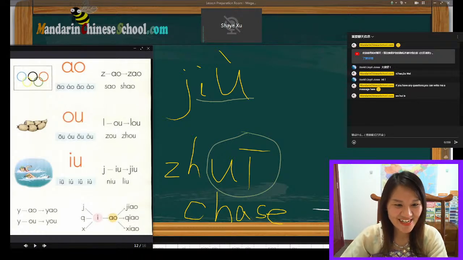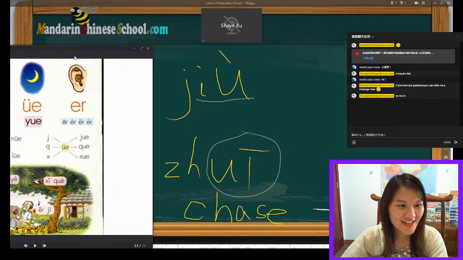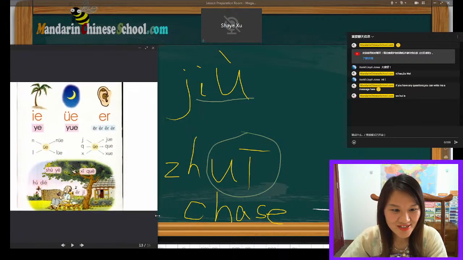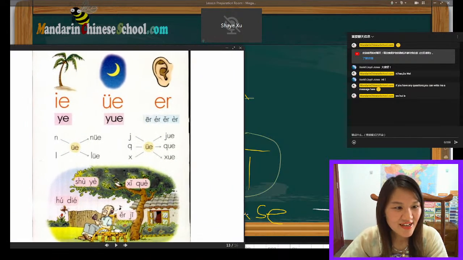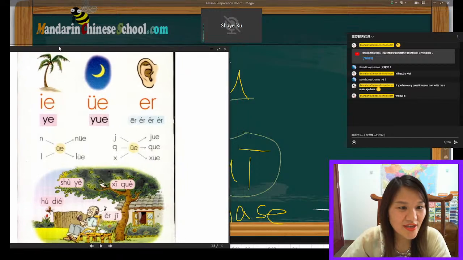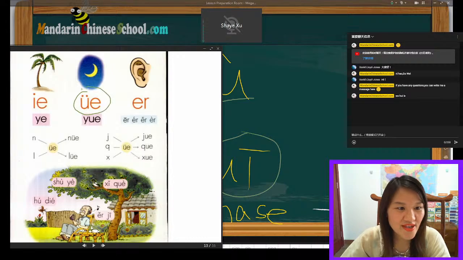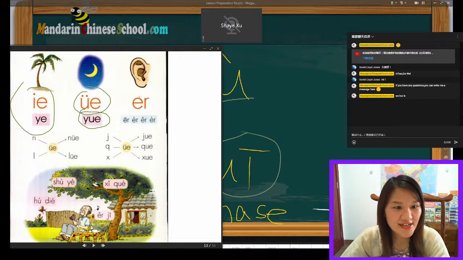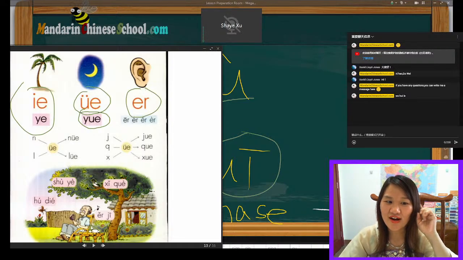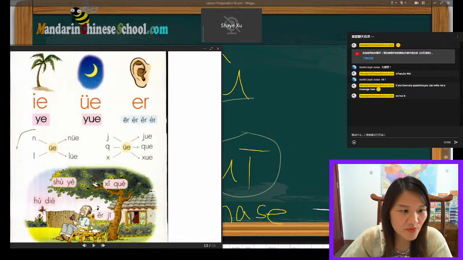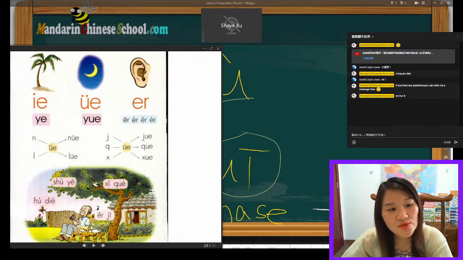好，我们再来看下一个在这里。好，下一个呢是耶和约和 r 的音啊，这个是约，你看到这个也是读约啊，这个是耶，这个是耳朵的耳，对吗？好，一样的问题来了。So actually these are hard ones here because with the ü sound here.